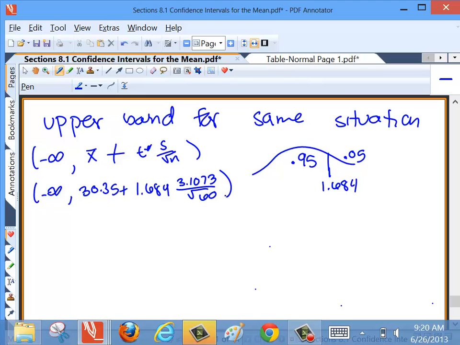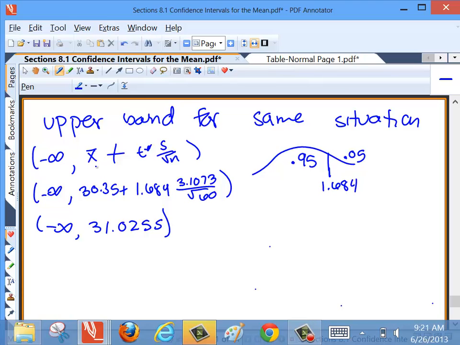And so we get an upper bound of 31.0255. Now, of course, in practice, you never find just a lower bound or upper bound because you may as well just find your normal confidence interval. But that is what it would look like if you wanted an upper bound instead.